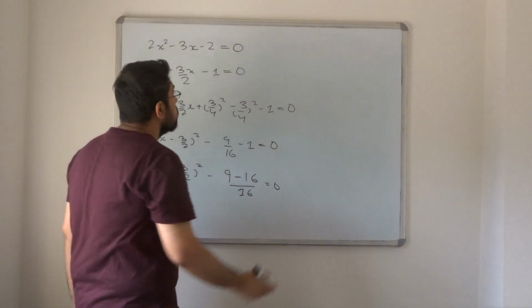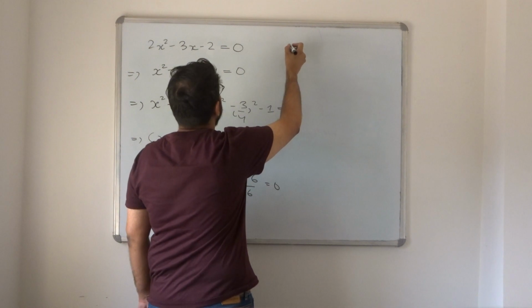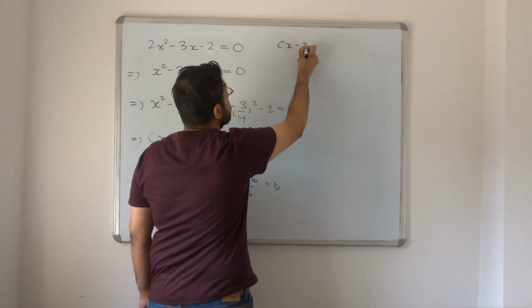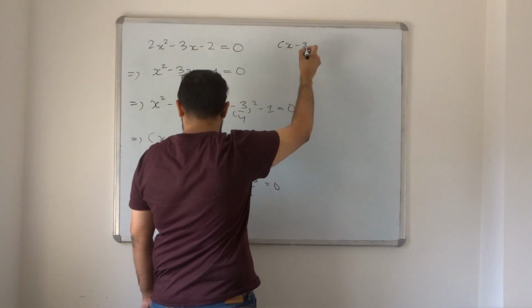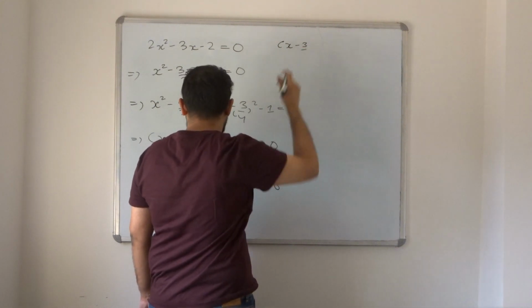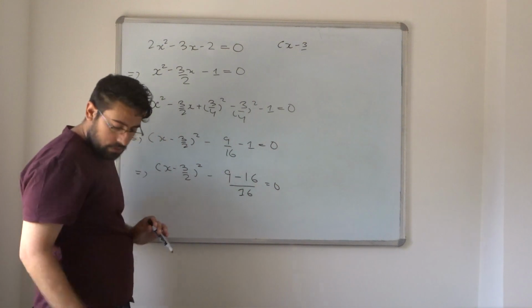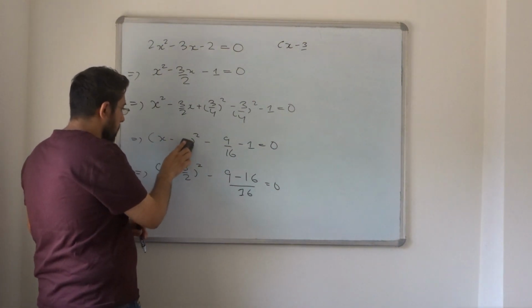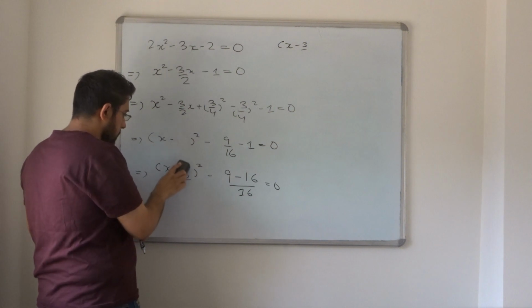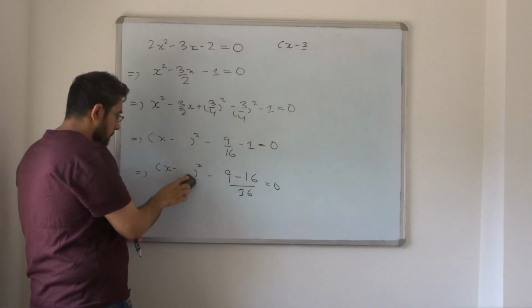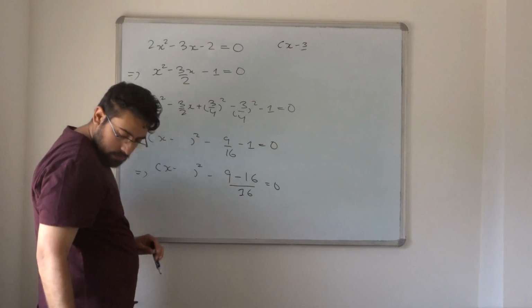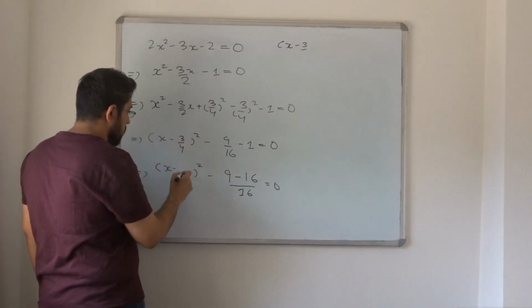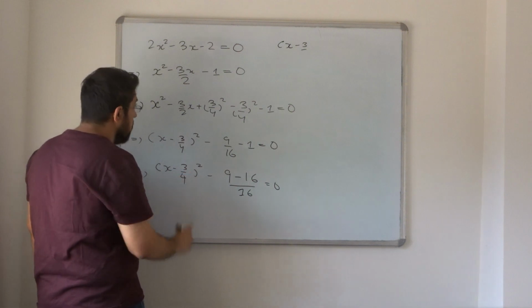Okay, so now let's go here. There we go guys. So now obviously you get x minus 3 by, wait guys. You get 3 by 4. Okay? 3 by 4, guys.